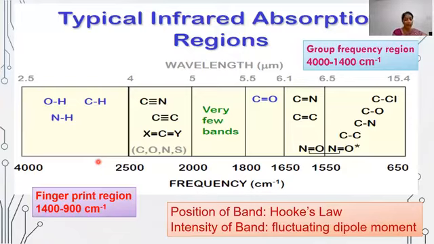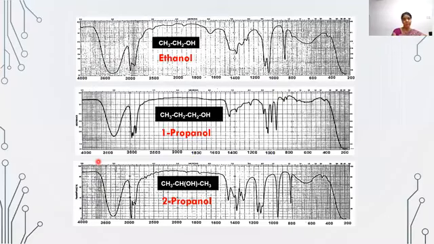But the intensity of the band will be sharp, medium, or weak. The intensity of the band depends on the fluctuating dipole moment of a particular functional group. As the value of fluctuating dipole increases, the intensity of the band increases.